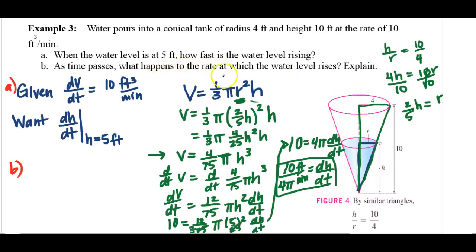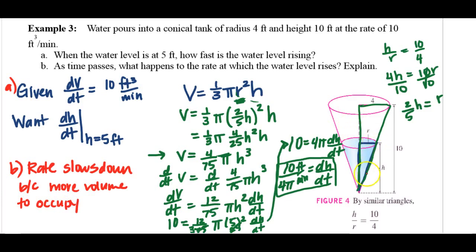So as time passes, what happens to the rate at which the water level rises? The rate slows down. So that's the answer to part B. The rate slows down, and the reason is that there's more volume to occupy.